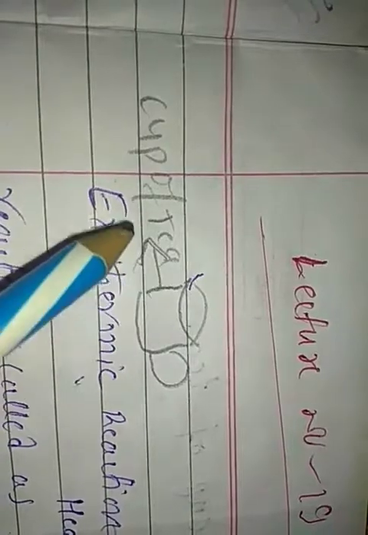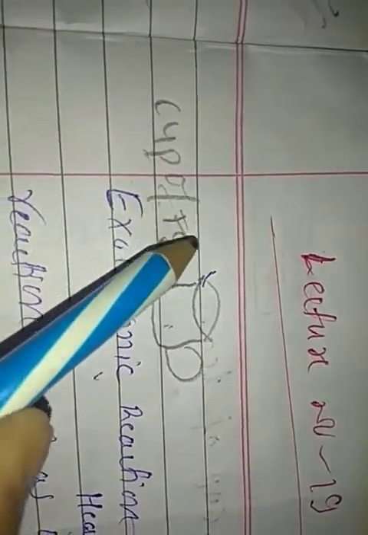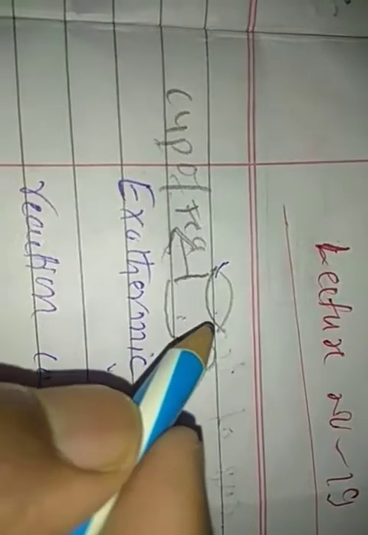Okay, look at it students. Here I am using a cup of tea. The cup of tea has a temperature of, I think, 80 degrees Celsius. This cup of tea is releasing vapors, so it means it is releasing heat.